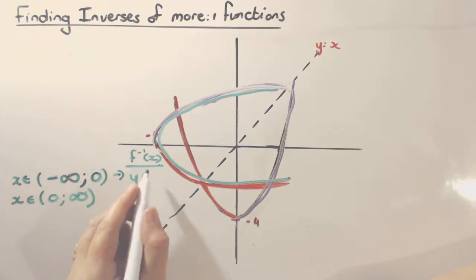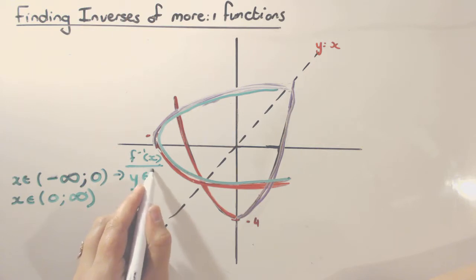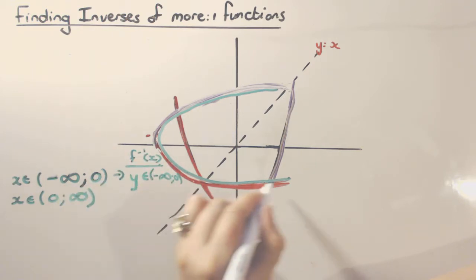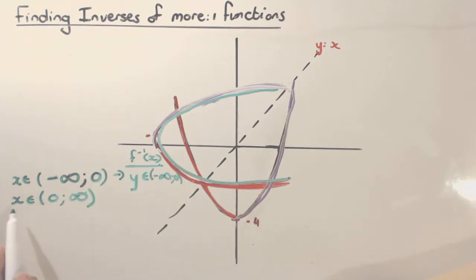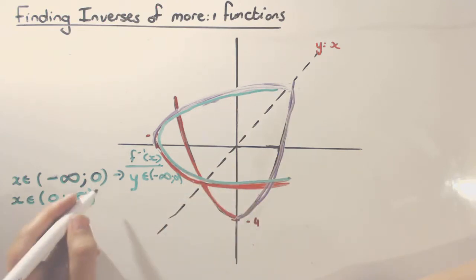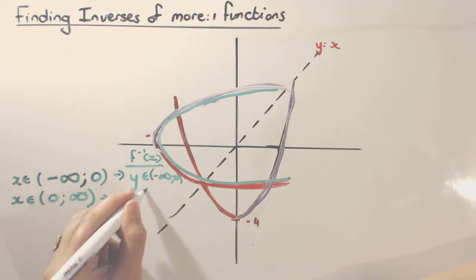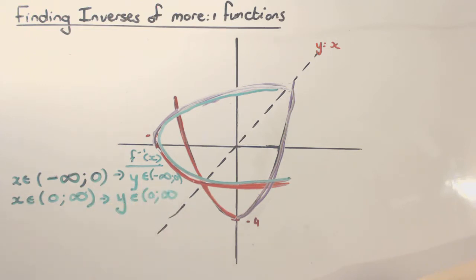So then my y values can only be negative values, which is that part. And if I have in my original function positive x values, which is this, then in my inverse function my y's will have only positive values.